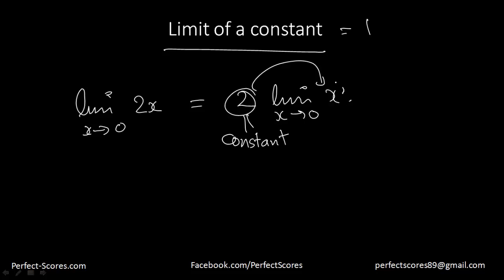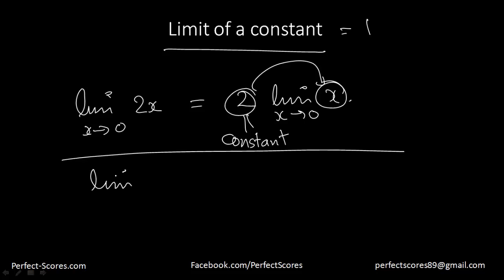So limit is only for variables, it's not for constants, right? This is something you have to take care of. If you get limit x tends to 0 of 2, then that simply would be equal to 2, because there's no x there, so you can completely ignore the limit part if there's no variable in your expression. Fine. I suppose that's pretty clear too.